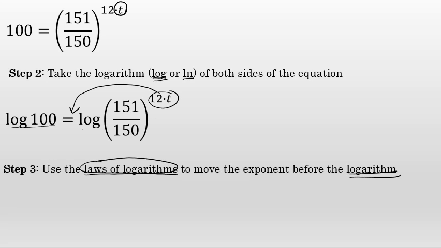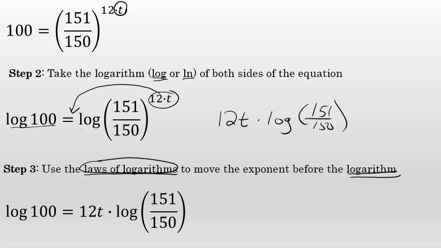The log of 151 over 150 to the power of 12 times t is the same thing as moving that exponent to the front and expressing it as 12 times t times the log of 151 over 150. And the reason that that's such a big step is because now we have an equation that doesn't have a variable in the exponent.